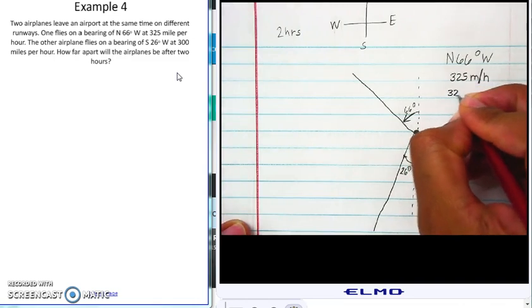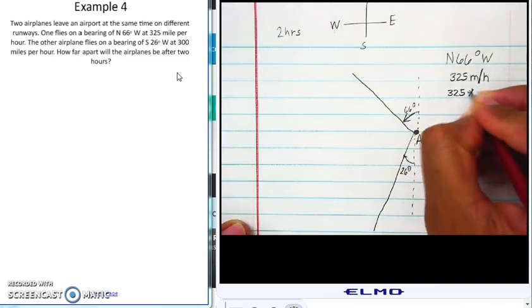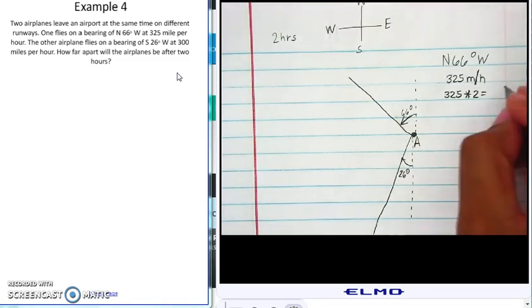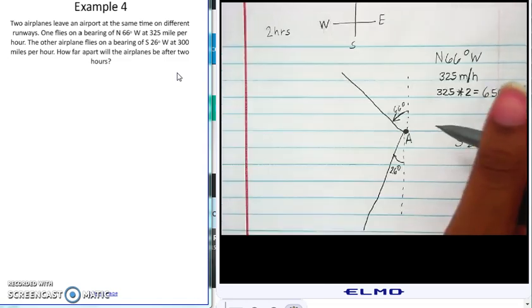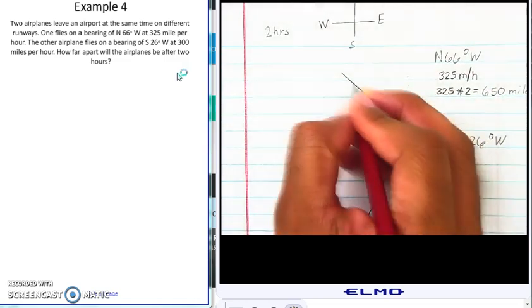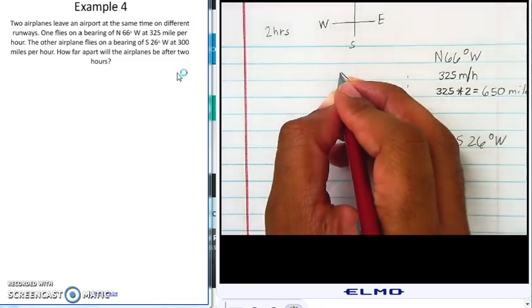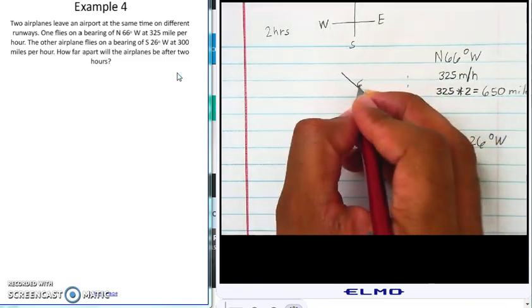Everybody hopefully realizes that all you do is multiply it by 2. And that should get you 650 miles. So we're talking about 2 hours, that's 650 miles. So that means here, the distance from the airport to where they are right now for 2 hours is 650 miles.